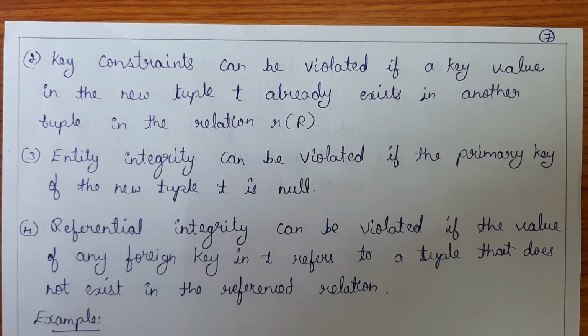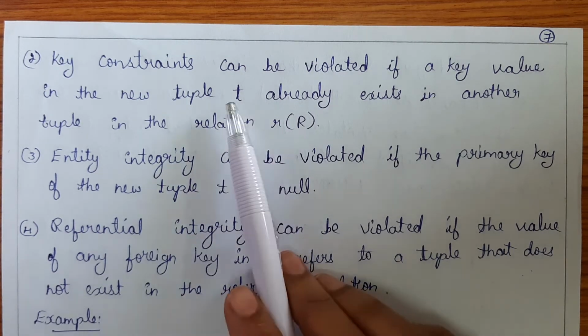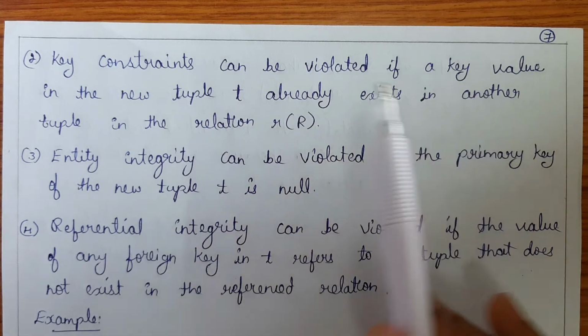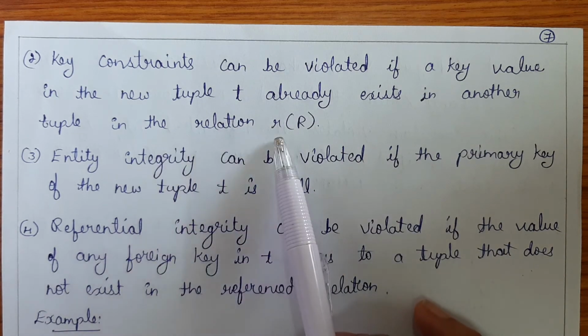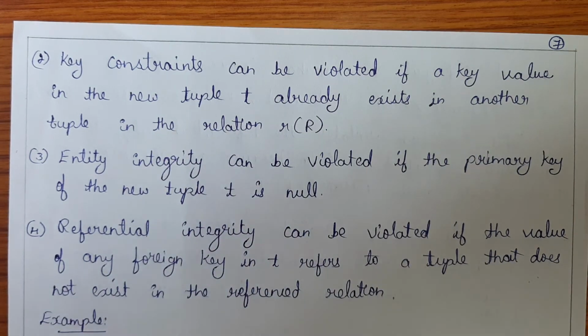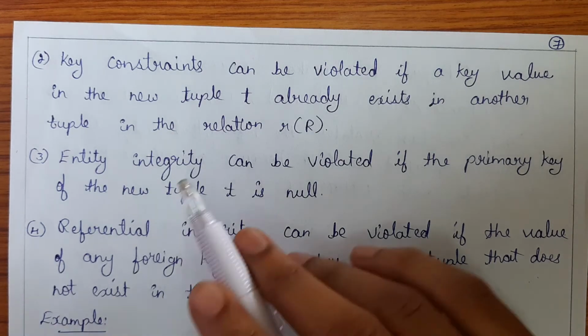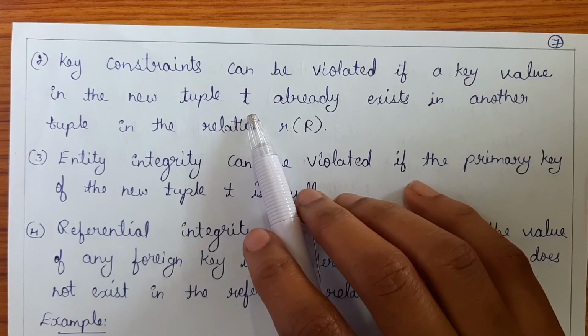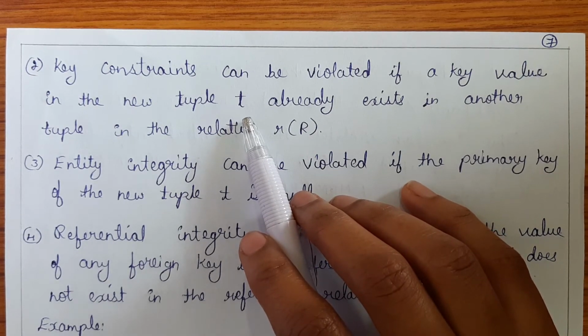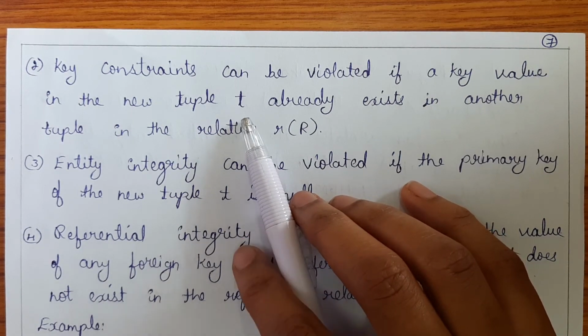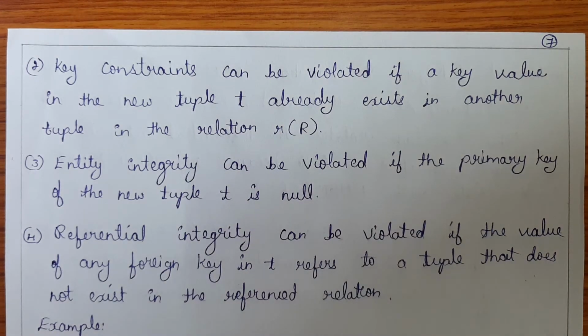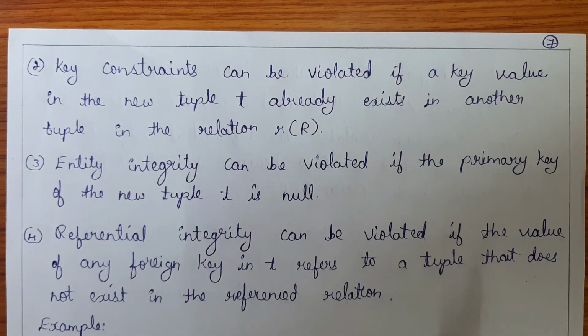Next, second, key constraints can be violated if a key value in the new tuple T already exists in another tuple in the relation R. That is the key constraints. Key constraints means primary key, foreign key. For example, if you are giving some value as a key, such as register number, which already exists, and you are trying to give that value again, then that condition will fail.